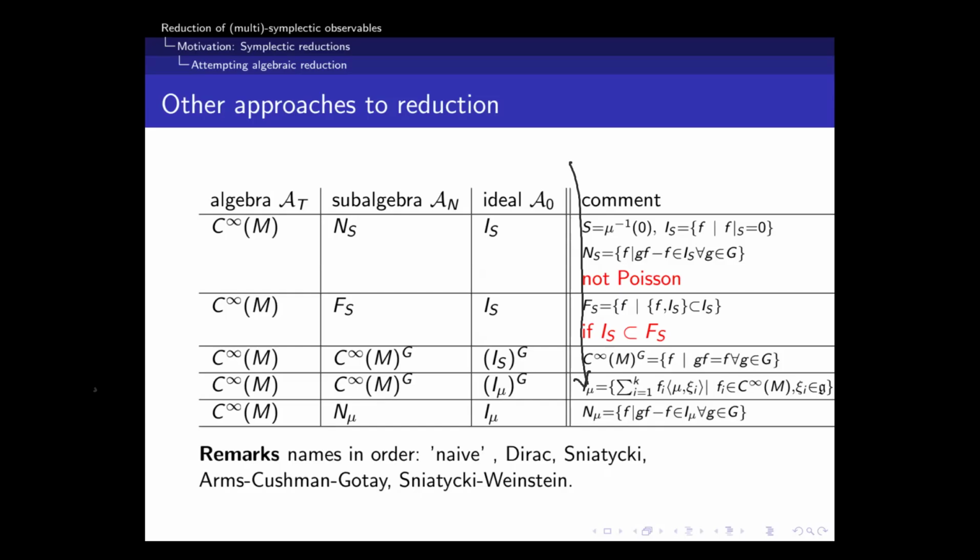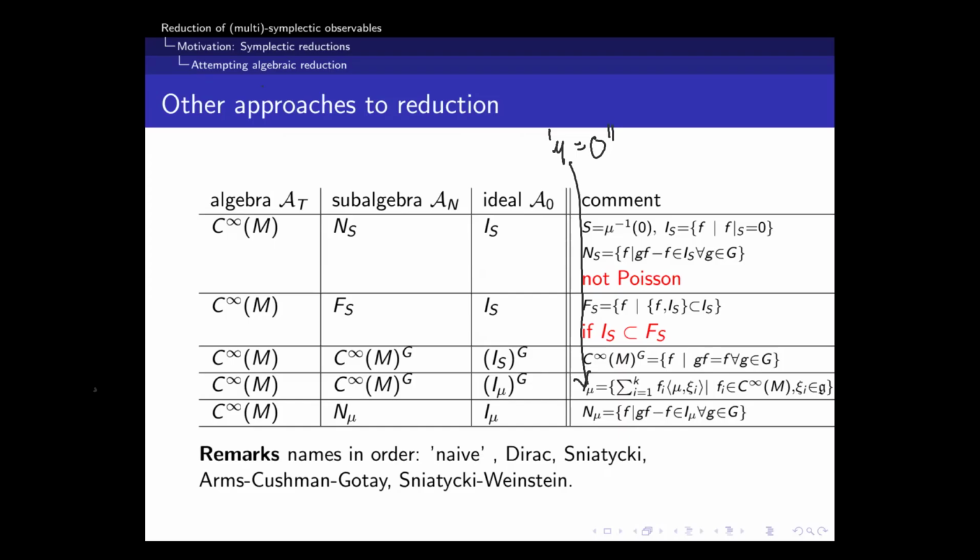So I think that one doesn't take anything smaller because this I_mu is the smallest ideal which contains the components of mu. If we really want to model something which is mu equals zero in an algebraic way, then we certainly want the components of mu to be in it. And if we take the smallest ideal that contains them, this is what we get.